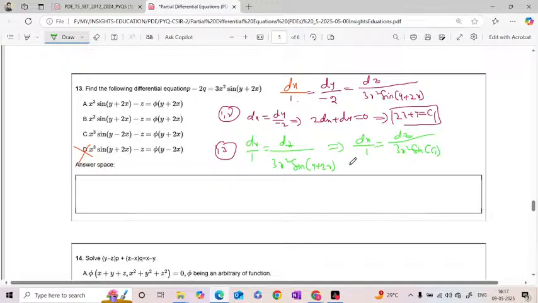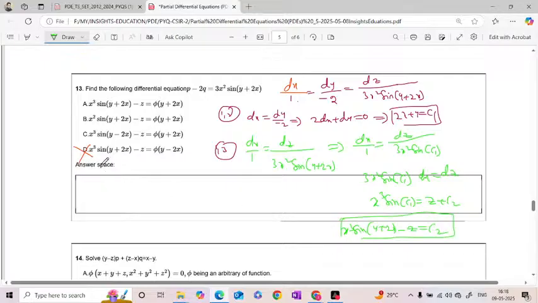Now it is only a function of x and z. Sin c1 is constant, so 3x square sin c1 dx is equal to dz. After integrating, it is x cube by 3, the 3 cancels, sin of c1 is equal to constant. That means our solution is x cube sin of y plus 2x minus z is equal to constant.